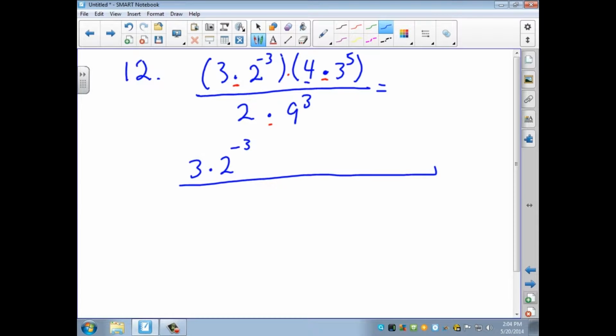Now here, instead of 4, I'm going to write it as 2 to the 2nd, multiplied by 3 to the 5th. Then in the denominator, I have 2 multiplied by, instead of 9, I'm going to write 3 to the 2nd to the 3rd.